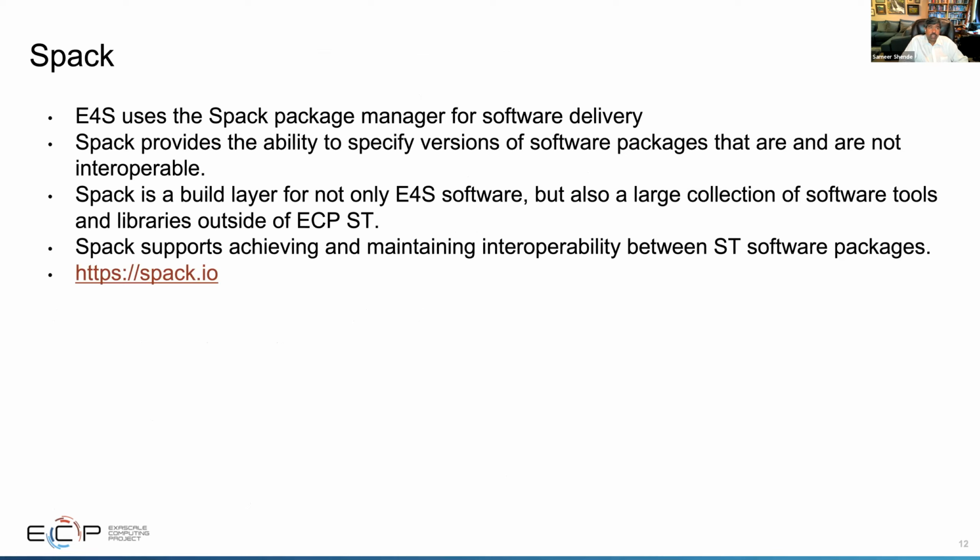But you'll see that Spack provides the ability to install multiple versions of the same package and specify versions of software packages that are and are not interoperable. Now, Spack is a build layer, not just for ECP E4S software, but also a large collection of software tools and libraries outside of ECP software technology. It supports achieving and maintaining interoperability between these packages. You can learn more about it from the spack.io webpage.